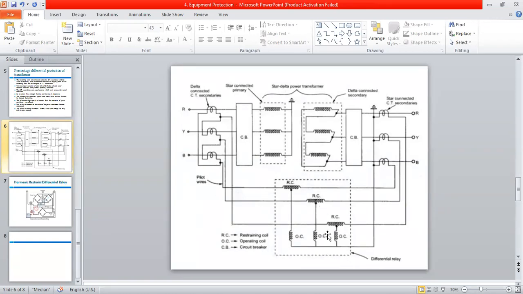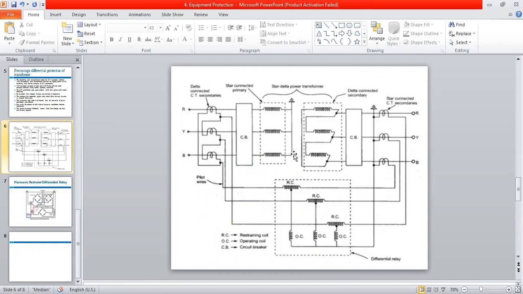So here actually the restraining coil is there. Here we are considering the phase to phase faults, and phase to ground or earth faults are also there. If any interturn fault is also there sometimes, then that fault can also be detected by these relays. So here that restraining coil is connected.